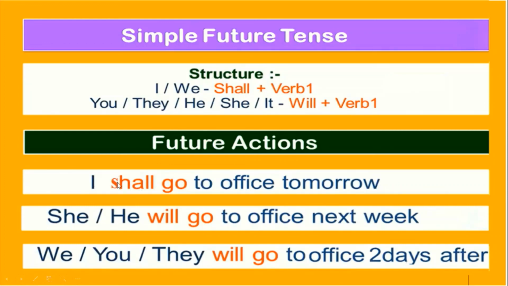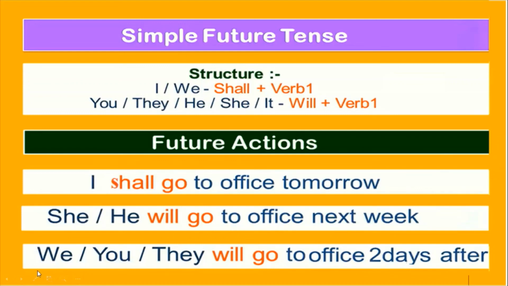We should here write will or shall with the verb in the base form. Now, the second example: she or he will go to office next week. Because we have the word next, we should write the verb in the future tense. We can say she or he will go to office next week, or she or he shall go to office next week.